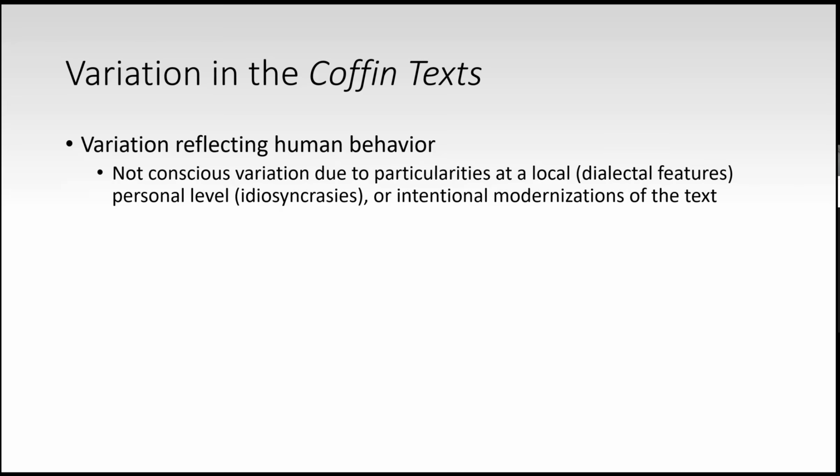Note that for the discussion today, I am not intending to deal with dialectal variations, personal variations of the scribe, or intentional modernizations, which are definitely there and will occur a lot, and there's a lot that can be written about. But today I really want to focus on what I would call the human aspects of these things.